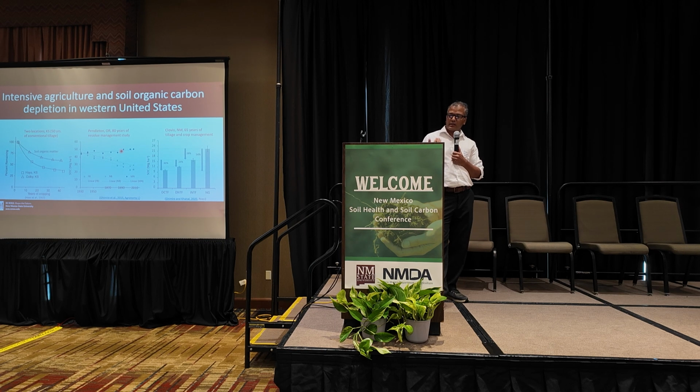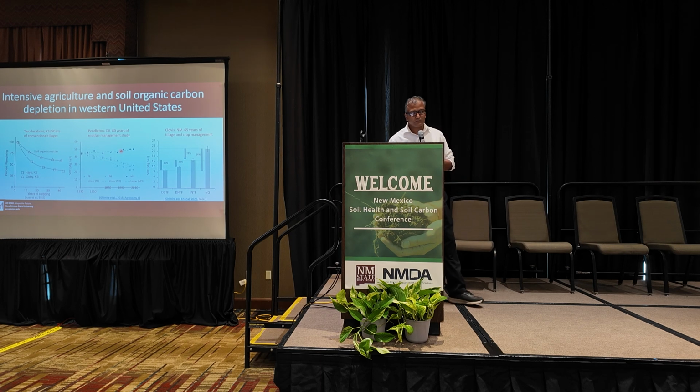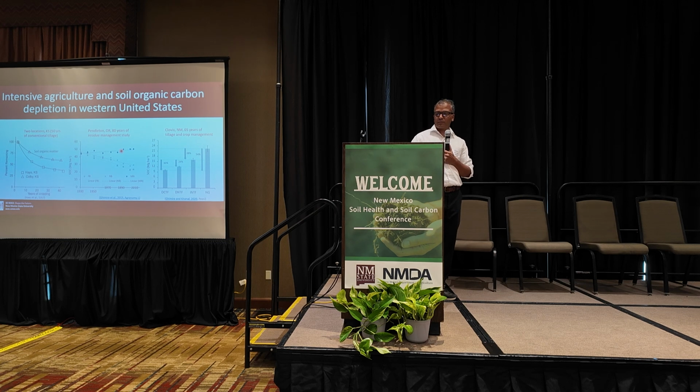Then when I started working at New Mexico State University in the Clovis Science Center location, we did not have any long-term experiment in New Mexico, so I looked at some farmers' fields that have a long-term history of management. In one of the neighbors' fields, we collected this data with native grass, a livestock-based system, and then some dryland and irrigated farming practices.